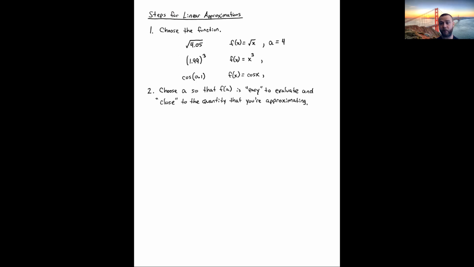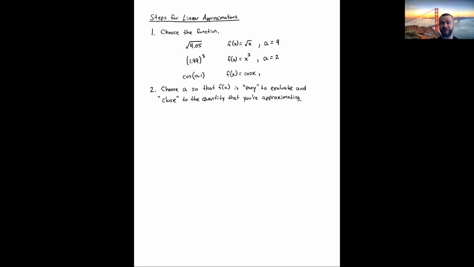And notice square root of 4 is pretty close to square root of 4.05. For the second example, 2 cubed is easy to evaluate, which will be close to 1.99 cubed. So we're going to use as our a value for that second example, a as 2.